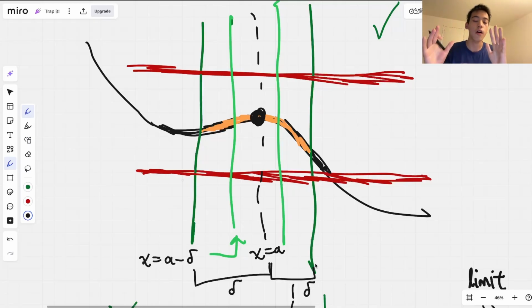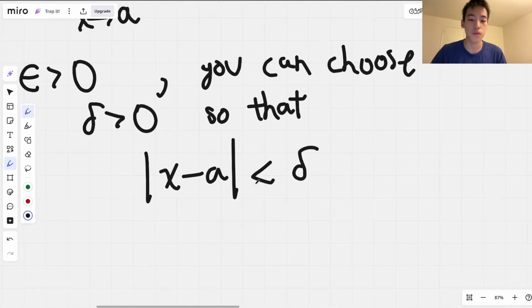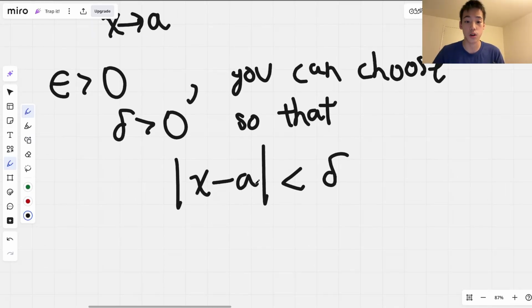It's just how far left and how far right you go from your vertical line. Because we're going delta to the left, the left vertical line is a minus delta. Similarly, the right vertical line is a plus delta. So this is basically encapsulating both of these vertical lines.